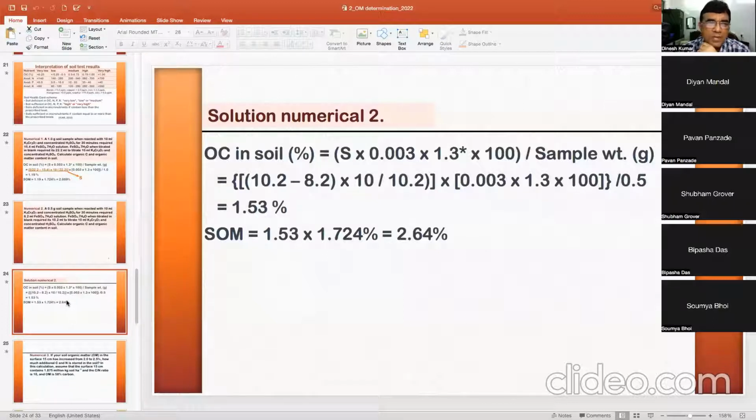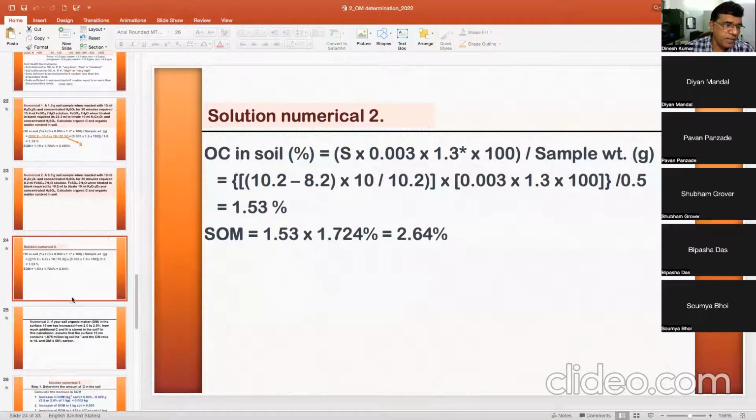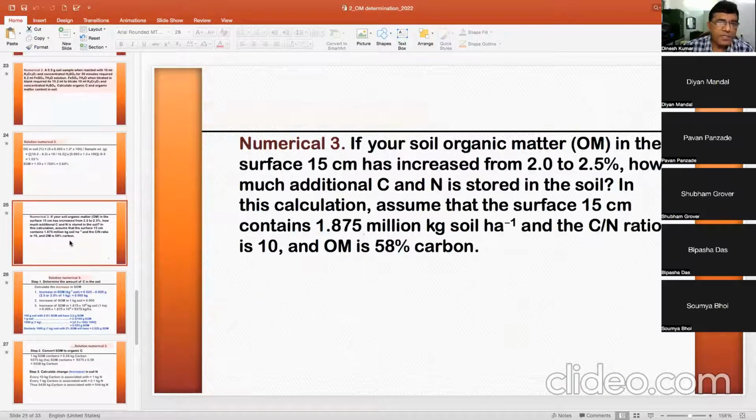I just rounded it off, so you may be getting 1.528 or 1.529. So I think you can see it and practice it. And now we will practice some more numericals. Now this is the numerical.